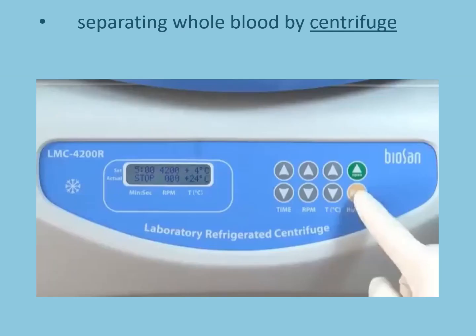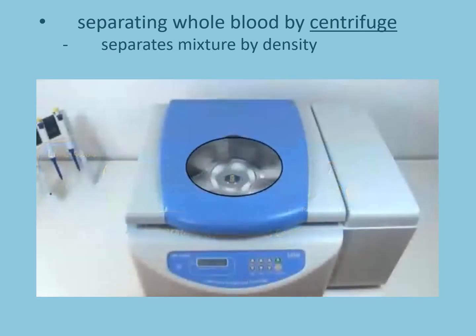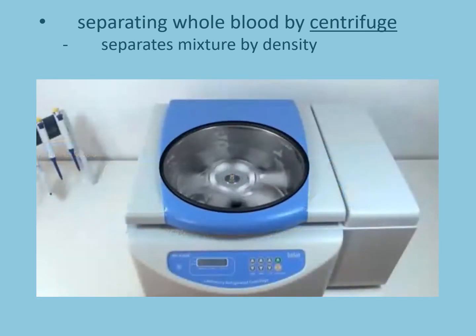The various components of whole blood obtained from a patient can be separated using a centrifuge. A centrifuge is a machine that separates the components of a mixture based on their density. A sample is put in the machine, which simply spins the sample at a high speed. This causes denser substances to sink and lighter substances to float.